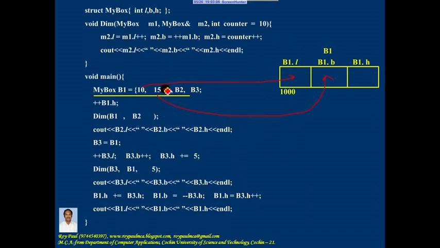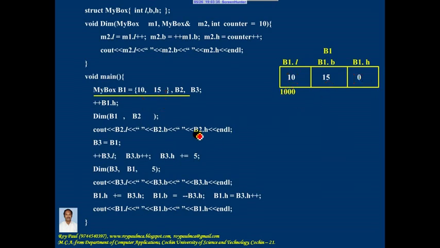The third initial value is not given, so by default the third initial value is 0. The first initial value 10 appears in the first memory location, the second appears in the second memory location, and the third, not being given, is 0 by default.